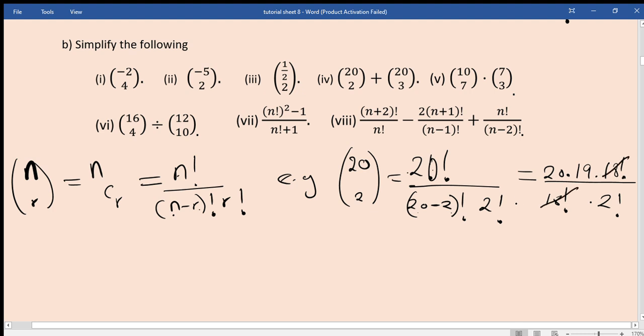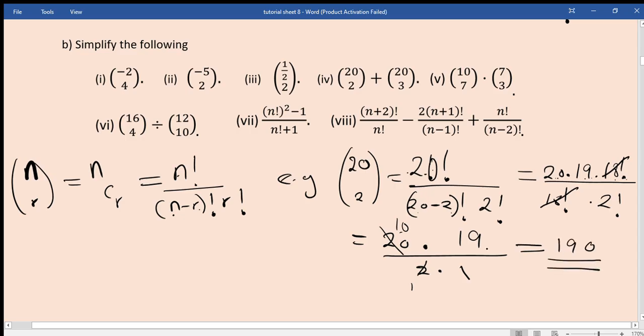Instead of reaching 1, you can just write 20 times 19 times 18 factorial, because I've seen an 18 factorial down there. So this leads us to 20 multiplied by 19 divided by 2 times 1. 2 into 20 is 10. So it means 10 times 19, and the simplified version is 190.